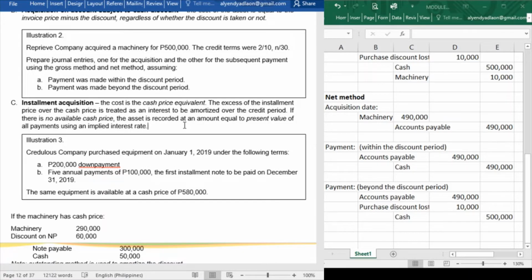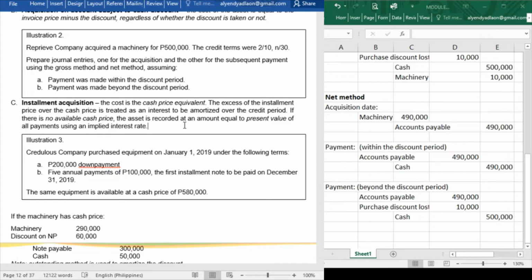Alright, so class, if you are to acquire an appliance or a TV using the installment method, the seller shows you two prices, the cash price and the installment price.